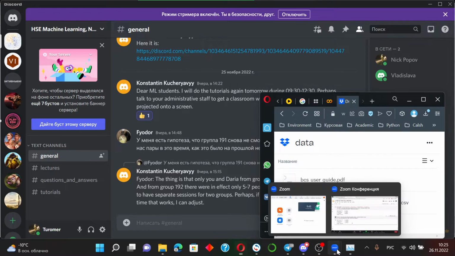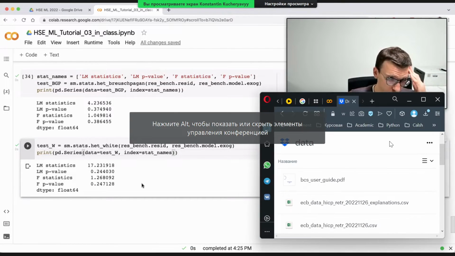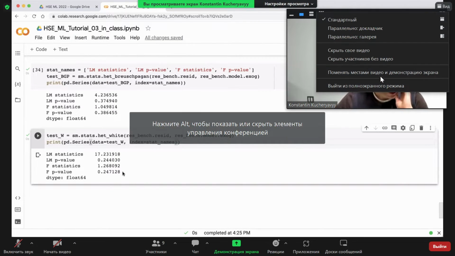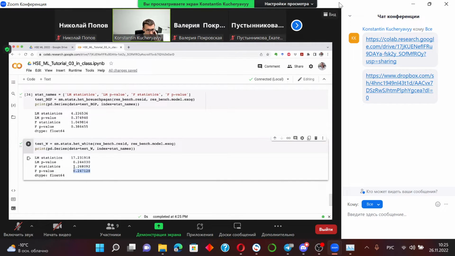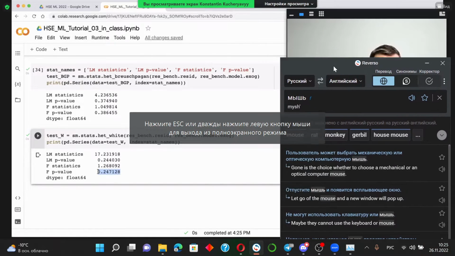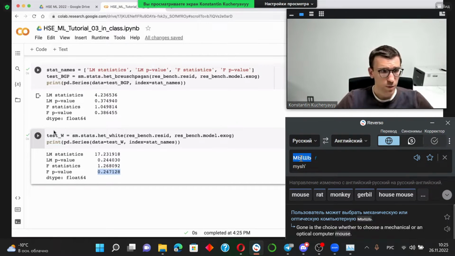The White test, I think, runs the regression of the residuals on all the independent variables. And so we see that, again, the p-values are quite high. So we conclude that errors are homoskedastic, so our model passes this simple test.